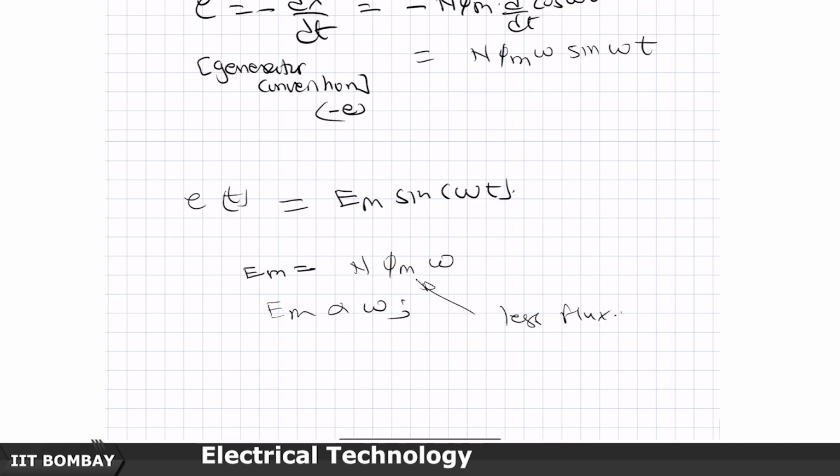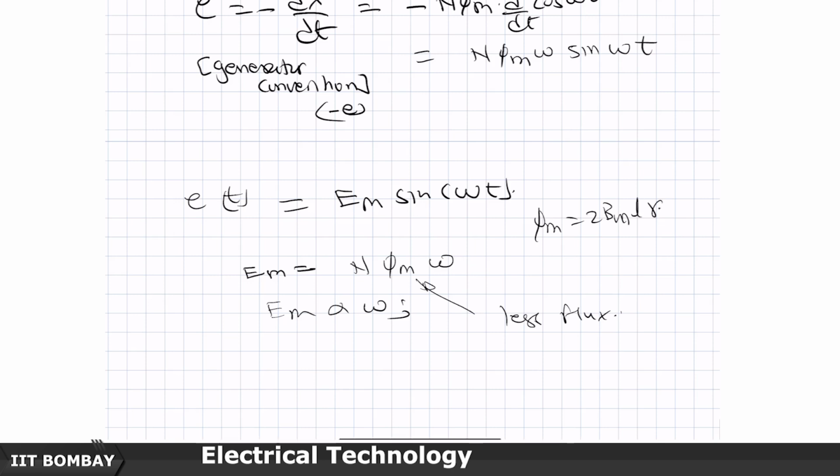Suppose I want some given value of voltage, say 110 volts or whatever, and I want to make my structure compact. So, I want to reduce the phi m. What is phi m? Phi m is 2 Bm Lr.